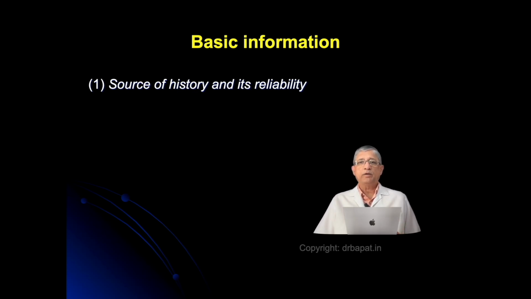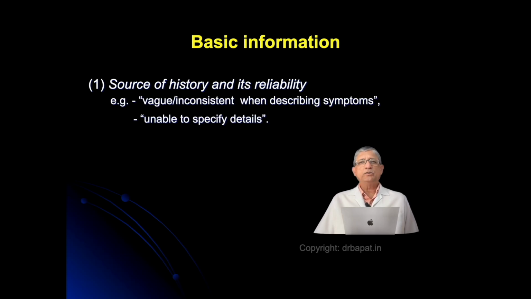The judgment of reliability is usually made at the end of the interview. It reflects the quality of information provided by the patient. If the patient didn't appear reliable, you may note a comment in the case sheet like, the patient is vague or inconsistent when describing symptoms, or the patient is unable to specify details, etc.